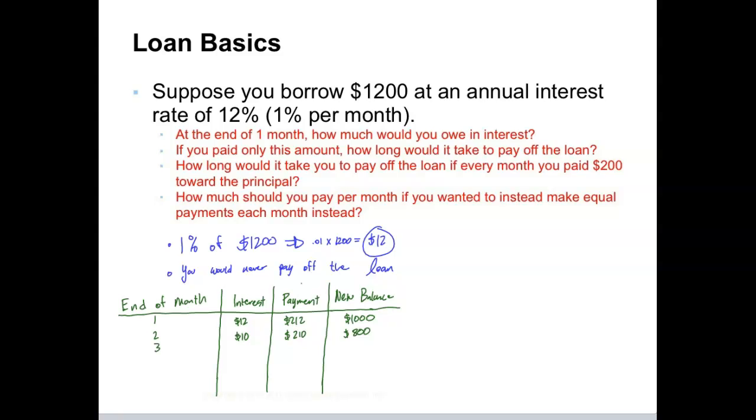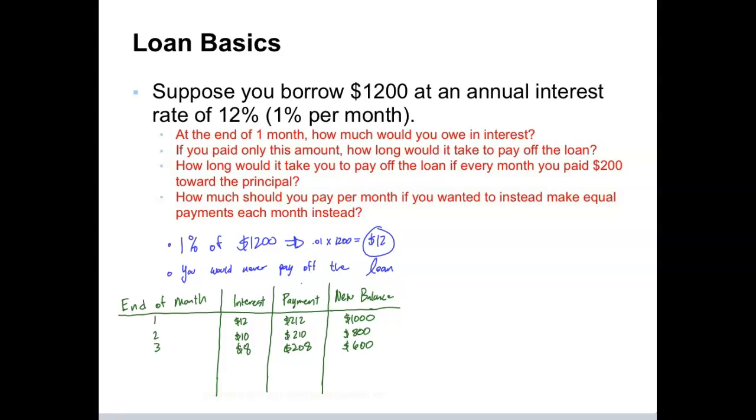At the end of month 3, I'm paying 1% interest on $800, so that's only $8. So my payment only needs to be $208. Now I've paid my $8 in interest and paid down the principal by $200, so I'm at $600. You can see this is just going to continue.